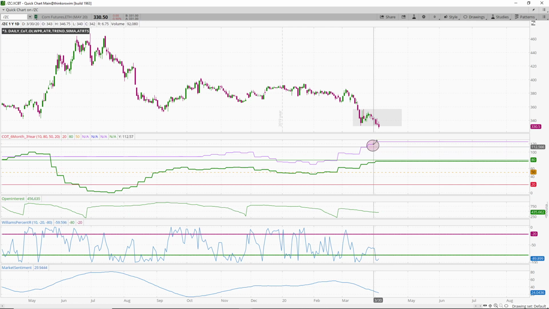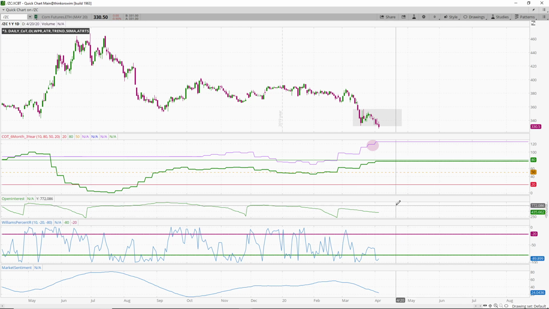What we would like to see is bullish comms, diminishing or relatively low open interest, which is pretty low considering. Your relative high is up here around 900,000 contracts, and we're down to 441,000 versus 900,000.